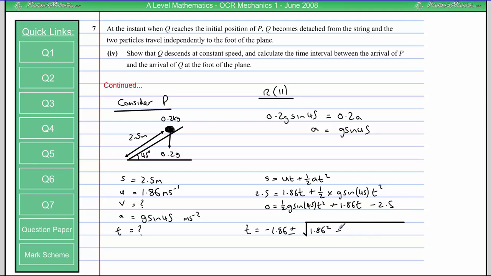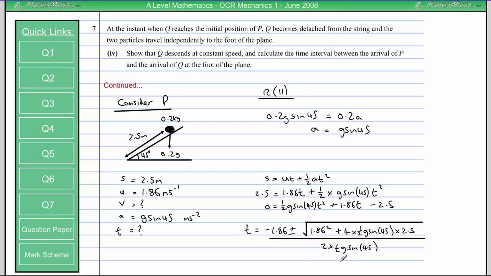Because c is negative, I'm just going to write a plus here to start with, because it's going to end up adding this on. So we're going to get 4 lots of a half g sine 45 multiplied by 2.5. Remember, I've already taken the minus sign out here. And we're going to divide the whole thing by 2 lots of half g sine 45.